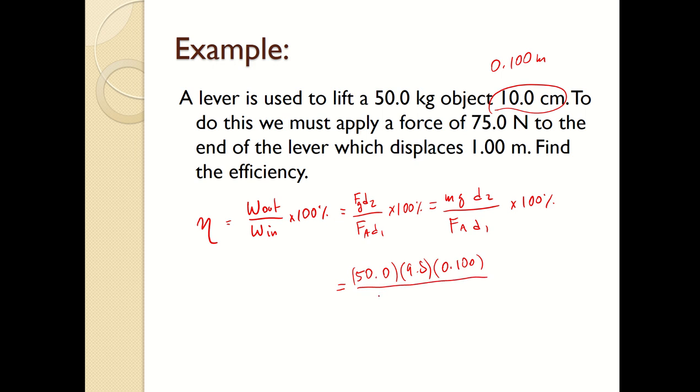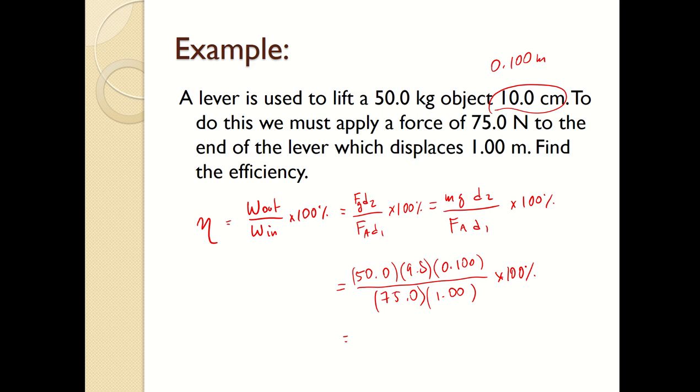And then the force applied is 75 newtons, so 75.0 times 1.00 meters. This times 100%. All right, so if you look at our variables here, all the variables that we plugged in there are 3 sig figs. 9.8 is a constant, so we're not going to count it towards sig figs. So the final answer should have 3 significant figures.